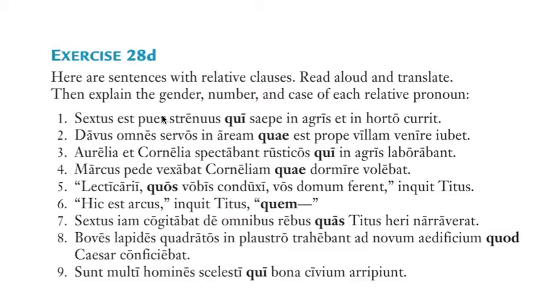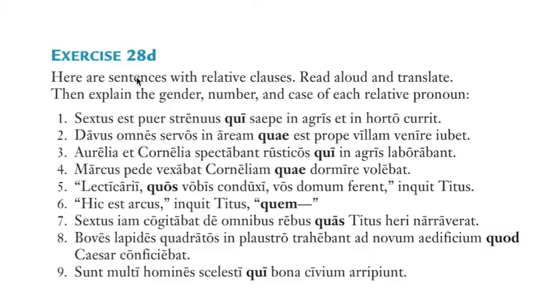In this case, the noun puer is the antecedent, the noun that goes before the relative pronoun that takes its place in this little clause right here. So again, Sextus is an energetic boy who often runs in the fields and in the garden.